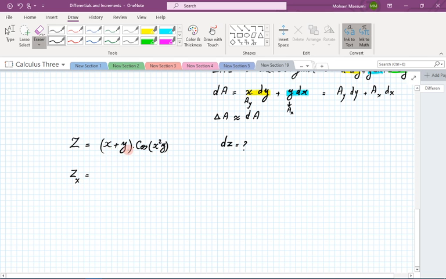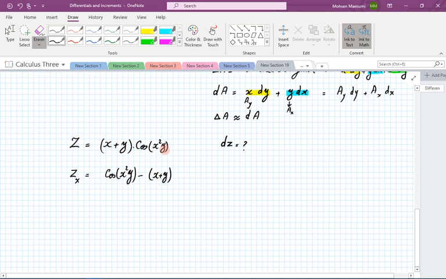The derivative of the first expression with respect to x is just going to be 1. So it's going to be 1 times cosine of x squared y. Next, I have to take the derivative of cosine and multiply with this. So the expression x plus y stays.